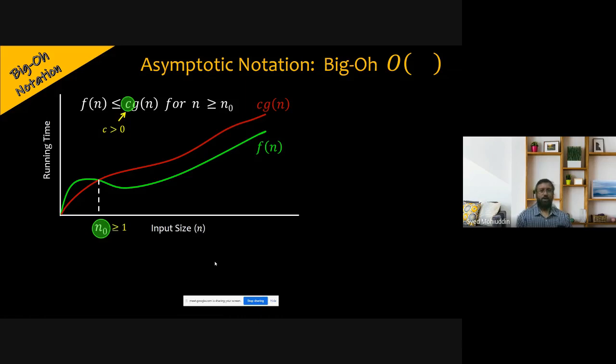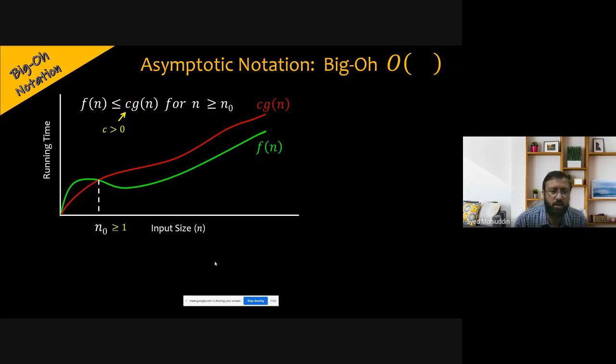And for an algorithm, we should have at least one input. You cannot say the input can be 0. It should have some input in terms of n. At least one element should be there to do some work. So n0 or n is always greater than or equal to 1.